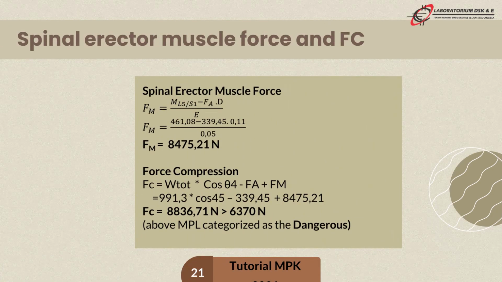Then for the calculation of muscle force and also FC or compressive force, we get for Fm 8,475.21 Newton. For compression force, we can get 8,836.71 Newton, which the result of FC is larger than the MPL. So this is categorized as dangerous.